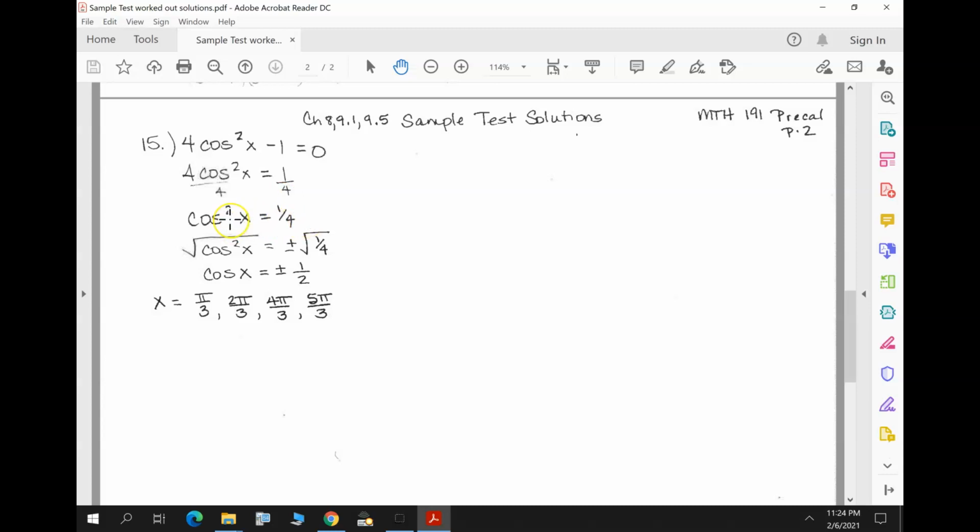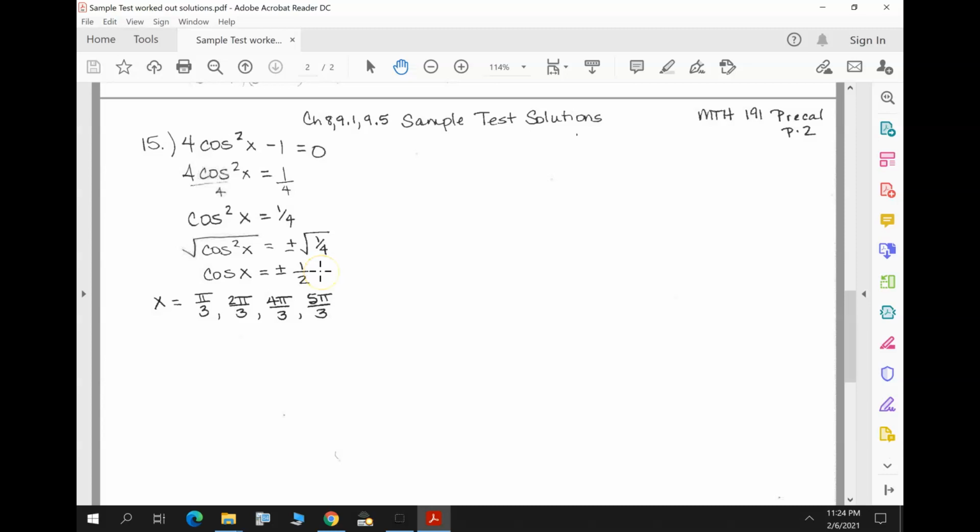Now, I need to get rid of that square. And to get rid of a square, we insert a square root. So we'll insert a square root on both sides, and when we do, remember that we put in a plus or minus when you insert a radical. So square root of cosine squared is cosine, and the square root of 1 is 1, square root of 4 is 2, so we would have plus or minus 1/2.